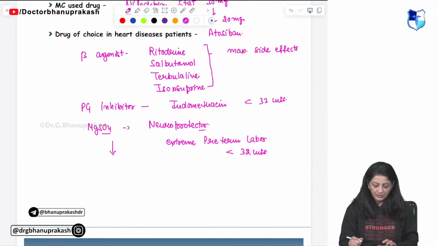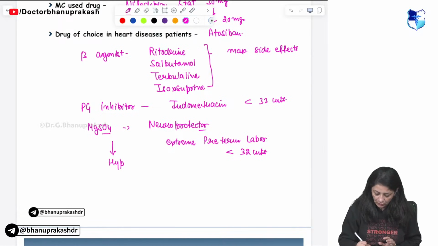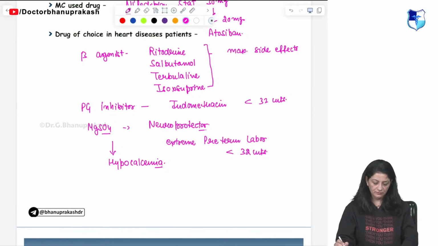Long use of magnesium sulfate can lead to hypocalcemia in the fetus and thinning of the bones.